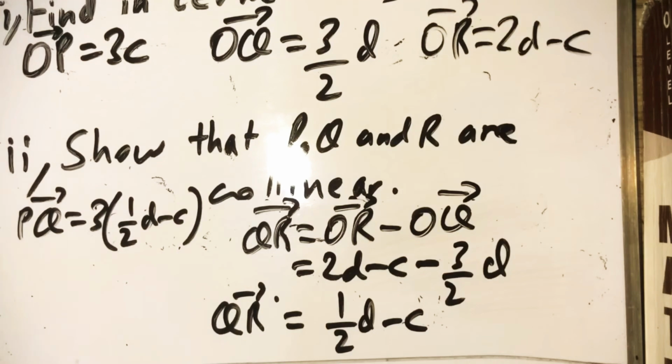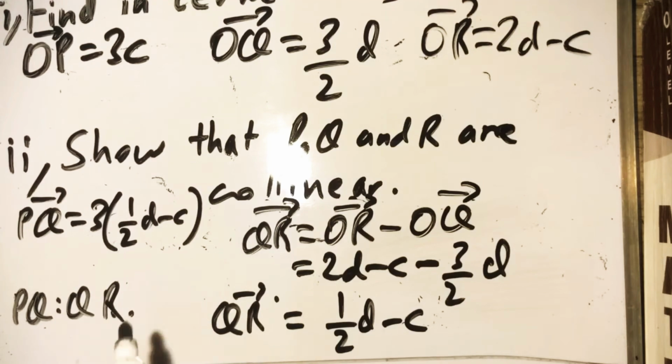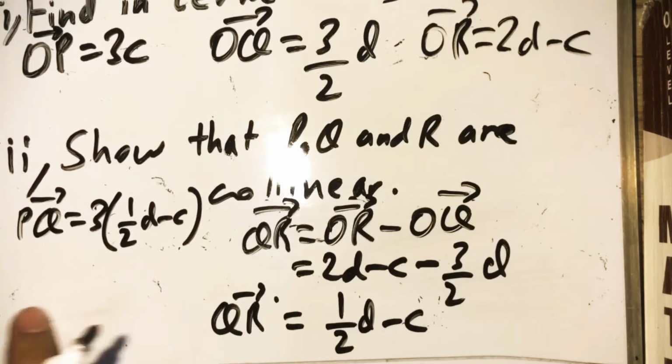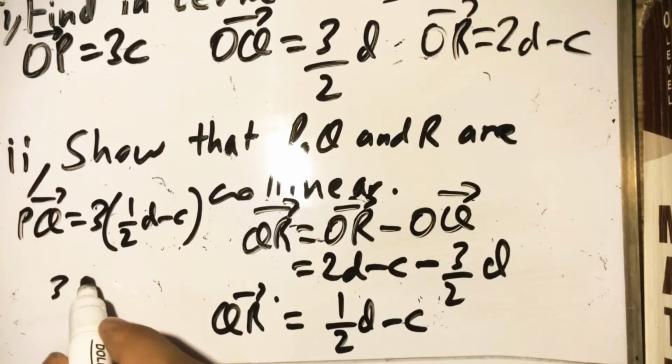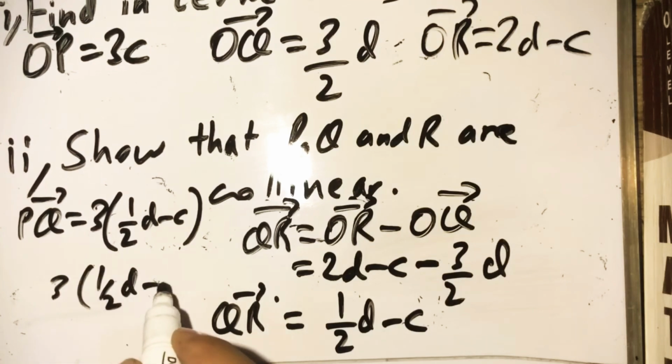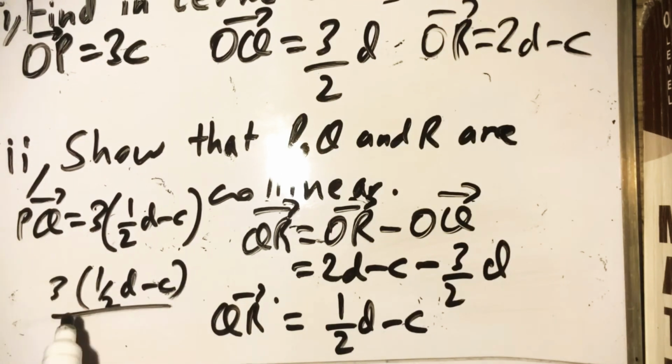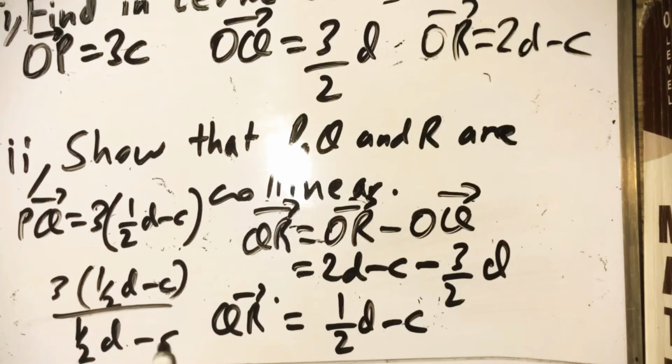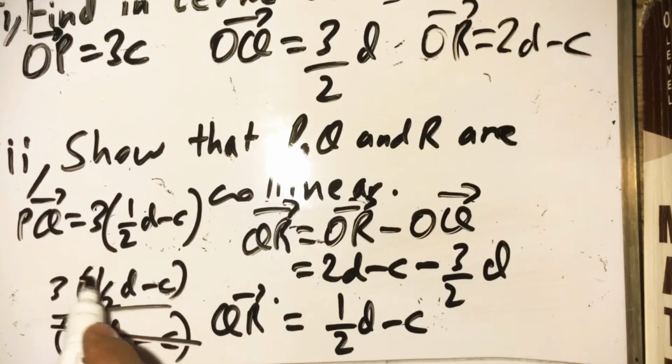The next part says find the ratio PQ is to QR. Now for this we'll divide PQ by QR. PQ is this and QR is this. Now this got cancelled.